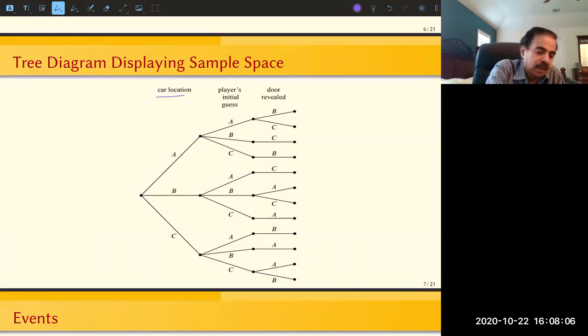So this level of the tree, right? The first level of the tree corresponds to the car location variable. The second level is going to tell you about the player's initial guess. And the third level is going to tell you about the door that the host opens, right?